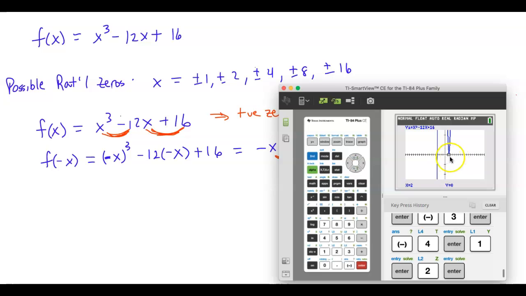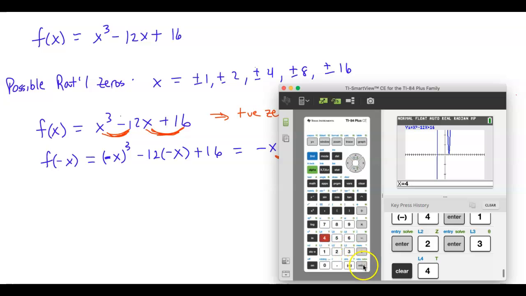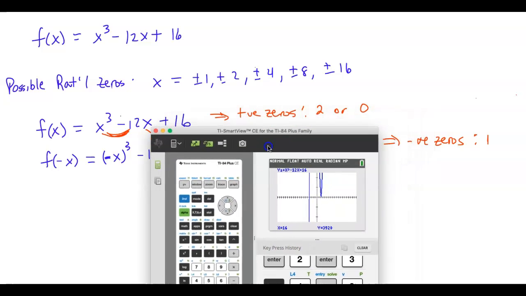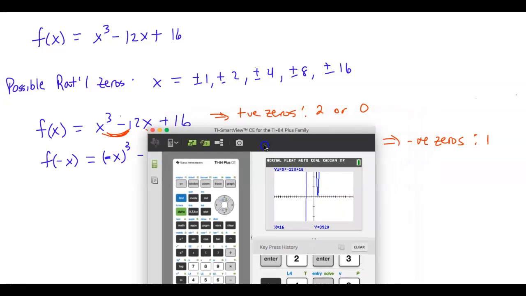When I go through this list, I try out, not 3, that's clear, I try out 4, I try out 8, I try out 16, and I see that none of those work. So by using critical thinking here, I know that I already have 2 of the 3 zeros that I need.